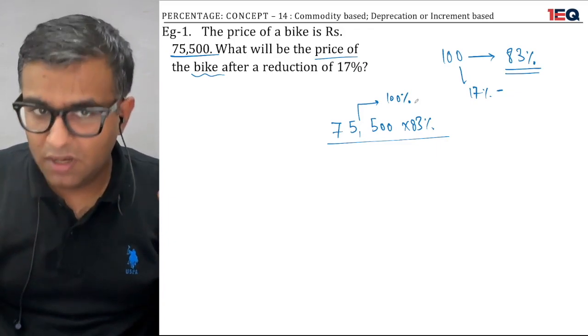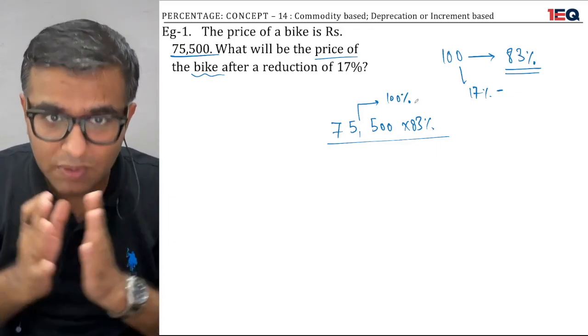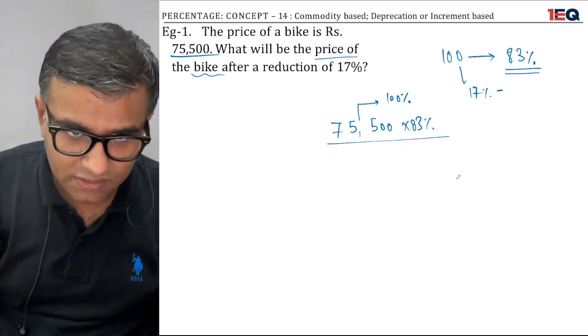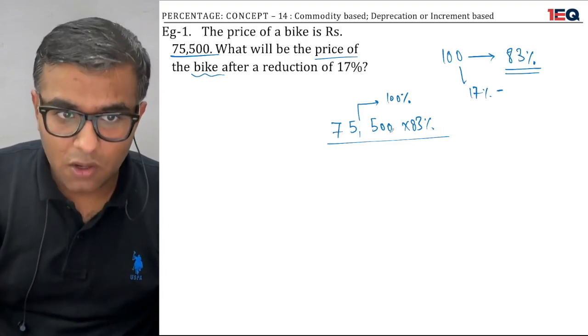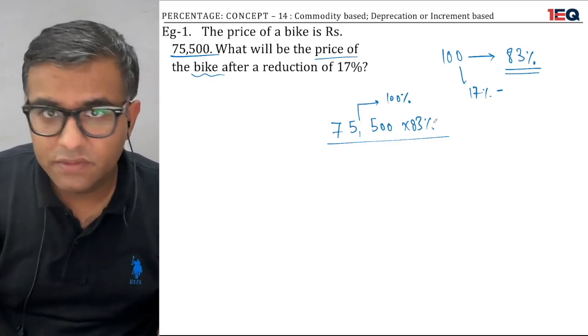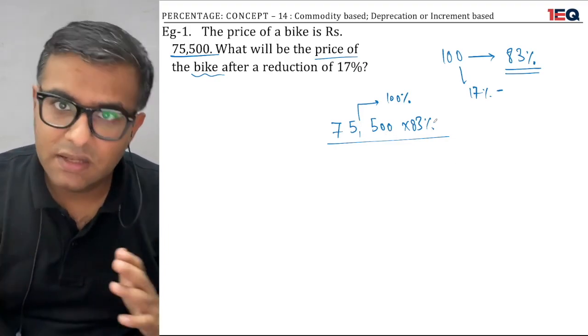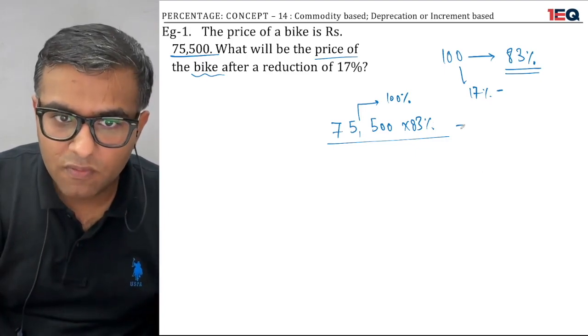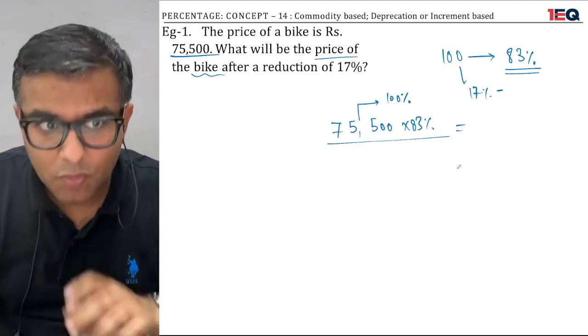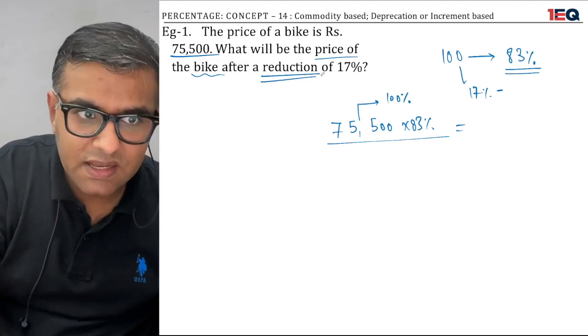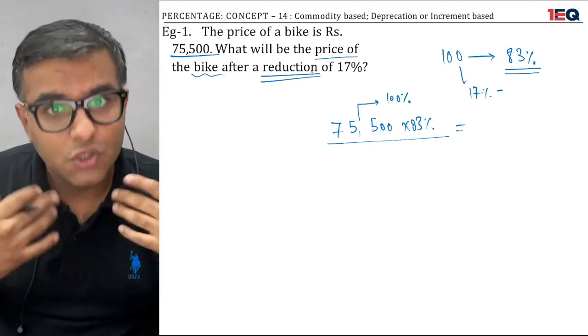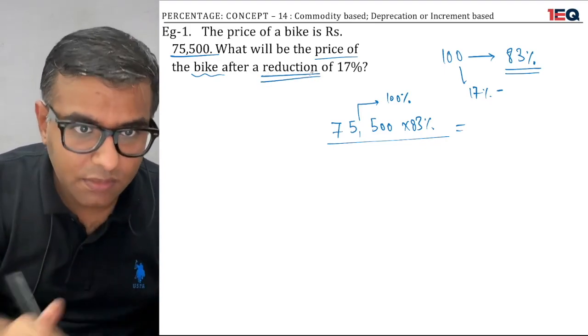Similarly, if I am multiplying it with a quantity which is not complete in itself, lesser than 100%, the output would be lesser. And why is the output lesser? Because in the question it says there is going to be a reduction. Reduction of how much? Reduction of 17%.